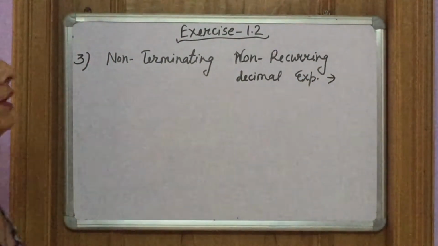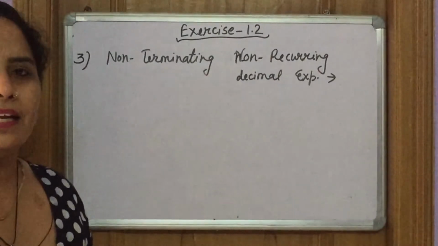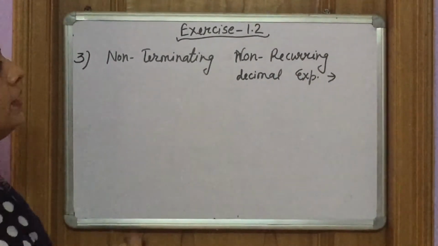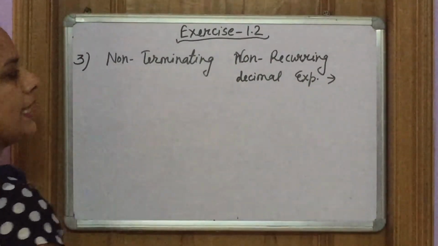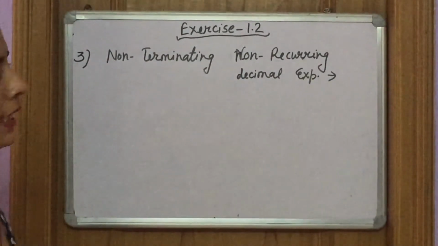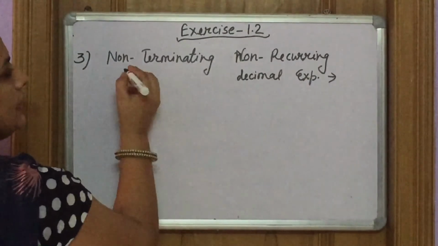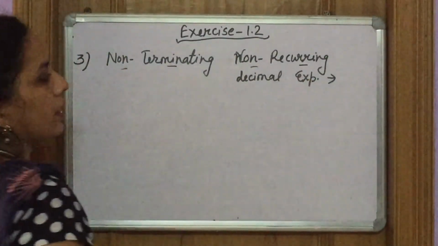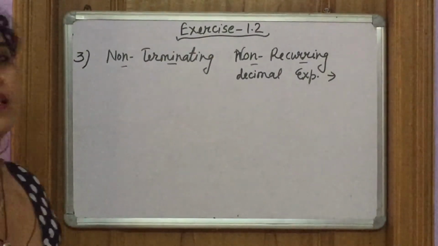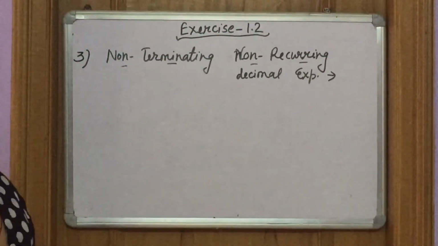In this case, the remainder never becomes 0 and never repeats. It will change again and again. In every step, you will get a different remainder. In that case, we say that this number has non-terminating and non-recurring expansion, and this number is an irrational number.